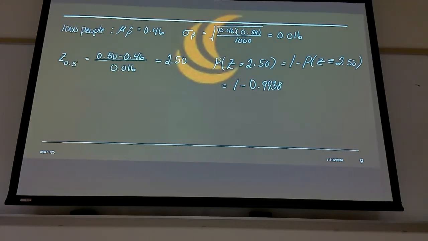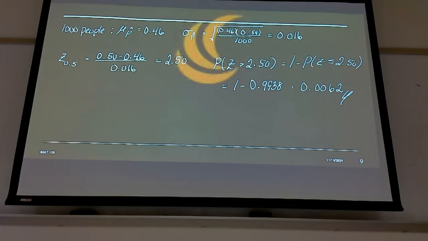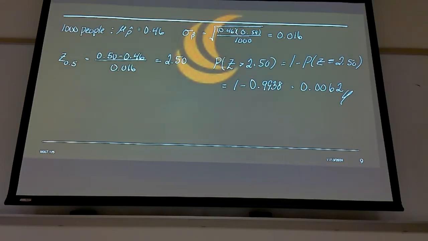Area to the left of 2.5, 0.9938, right? So 0.0062, 0.6% chance. Which again makes sense as your sample size increases, your sample proportion tends to the population proportion. And so as we increase the sample size, it becomes less and less likely that they get the majority of the vote.